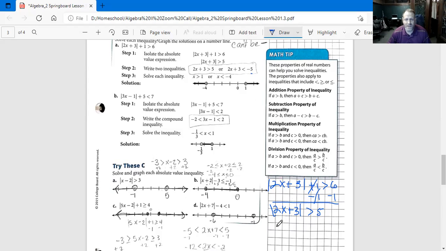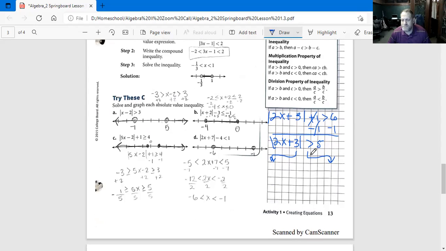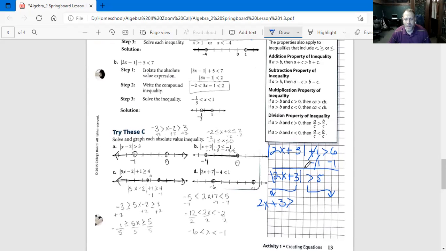And then they brought it out of the brackets as two different inequalities. We're going to bring it out as 2x plus 3 is greater than 5.